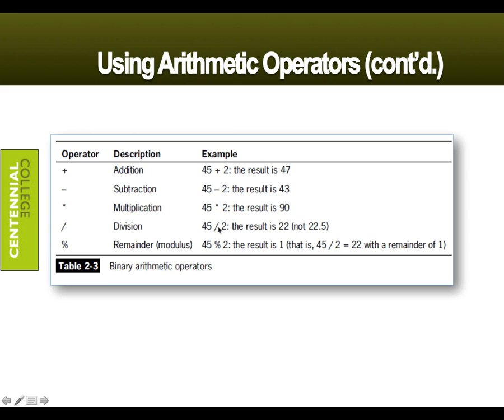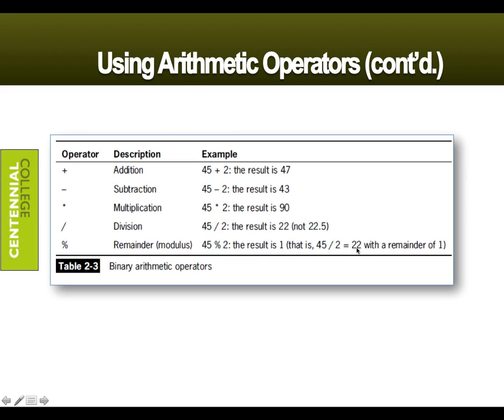It's like we're dividing, like 45 divided by 2. These are 2 integer values, 45 and 2. If we divide 45 by 2, normally, if it was a floating point number, it would be 22.5. But because these are 2 integer values, it's now 22. The 0.5 is gone. We don't use it. 45 % 2, this is the way it's written here, or modulus 2, says how many times does 2 go into 45?